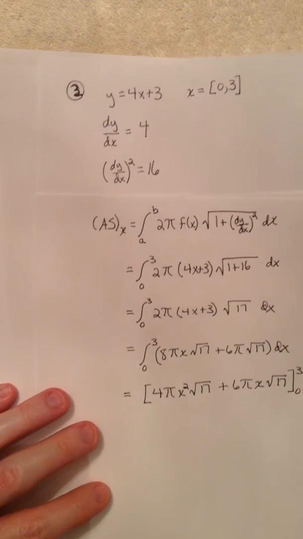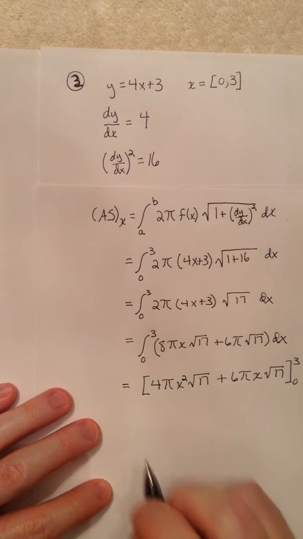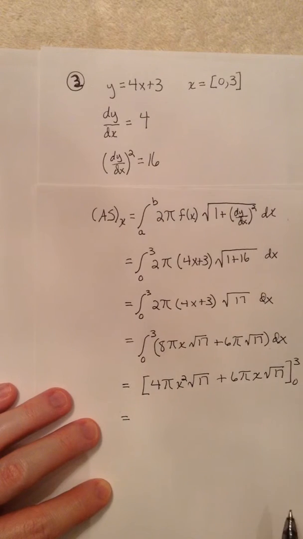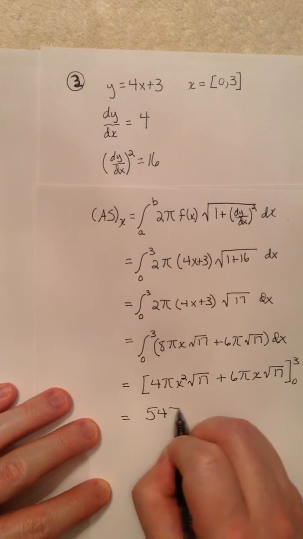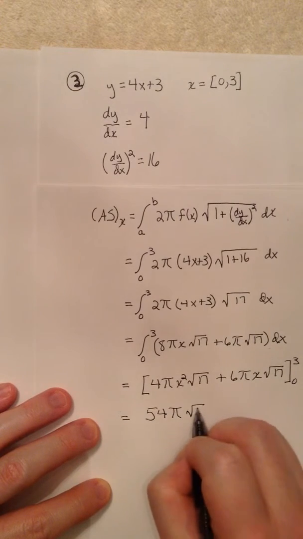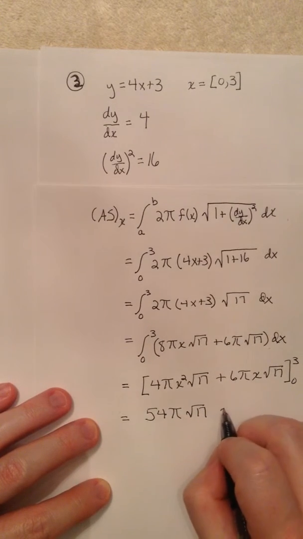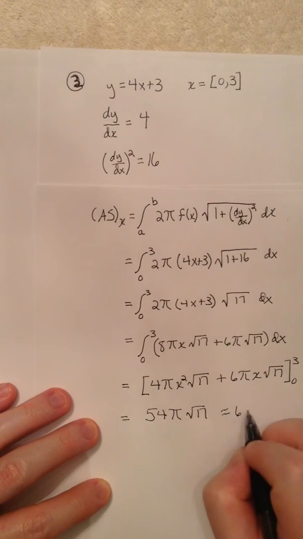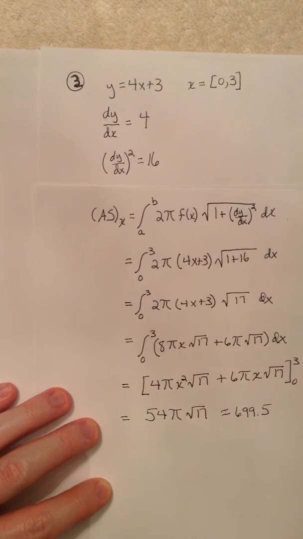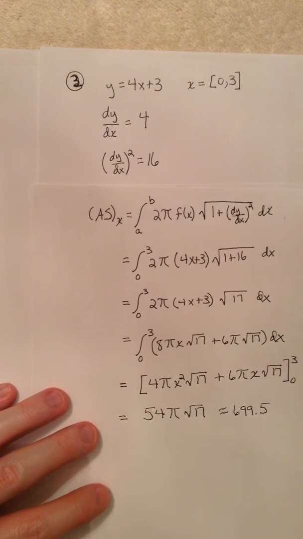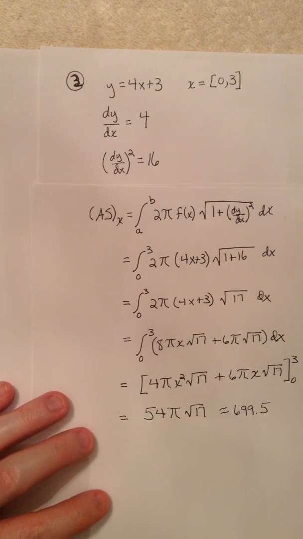And as we substitute 3 for x, it's going to turn out that for the sum we will have 54 pi times the square root of 17, and this will end up in decimal terms at about 699.5 cubic units. And so that will be the resulting area of surface in number 3.